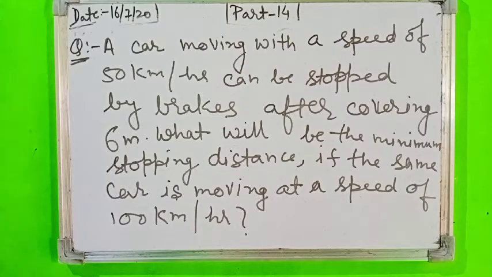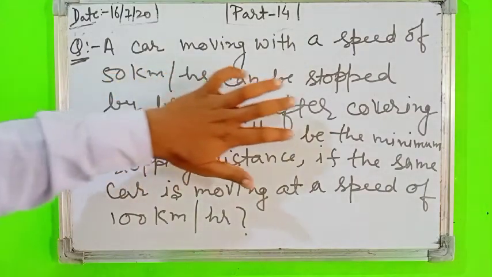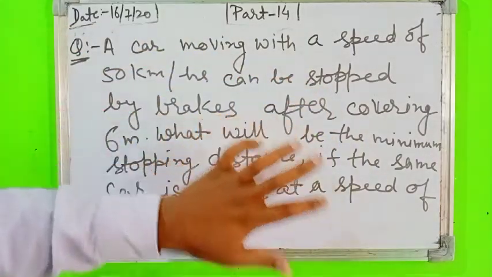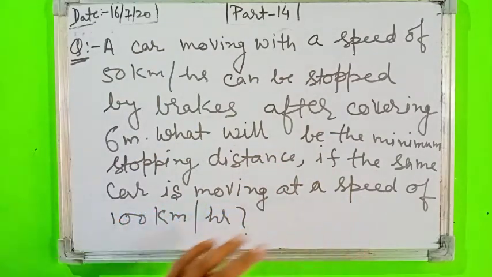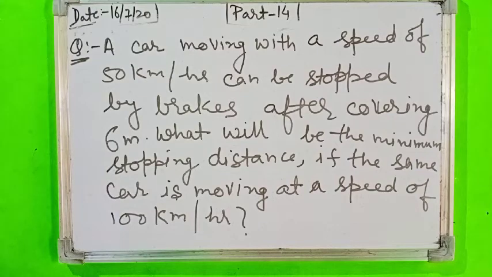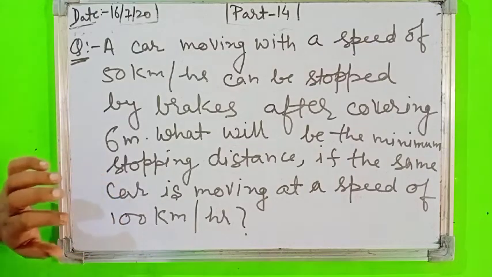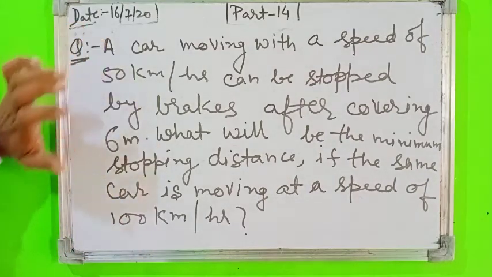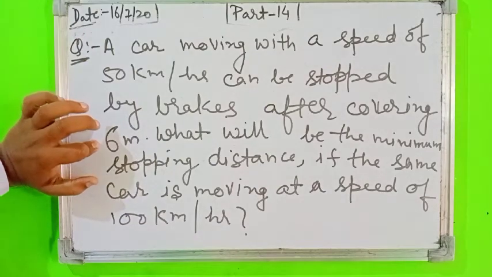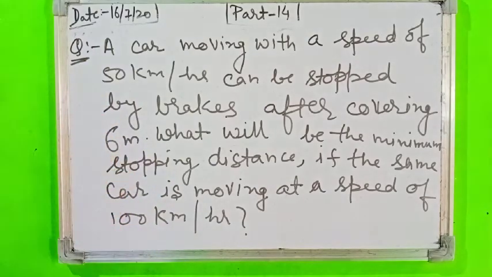What will be the minimum stopping distance if the same car is moving at the speed of 100 kilometer per hour?